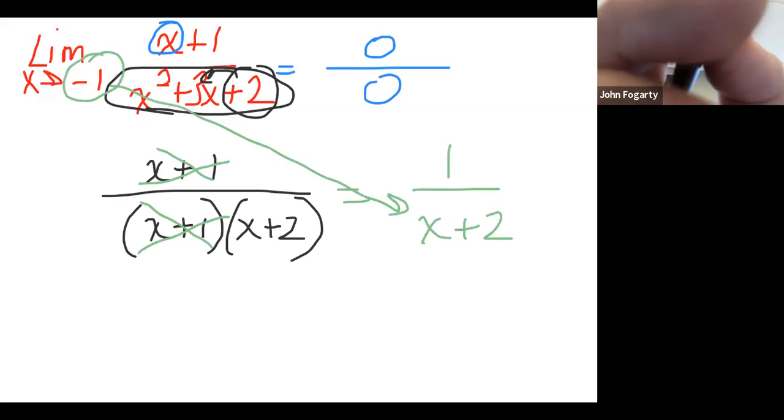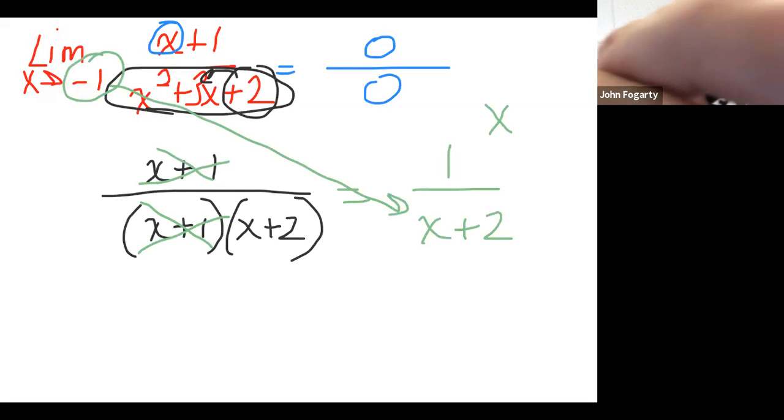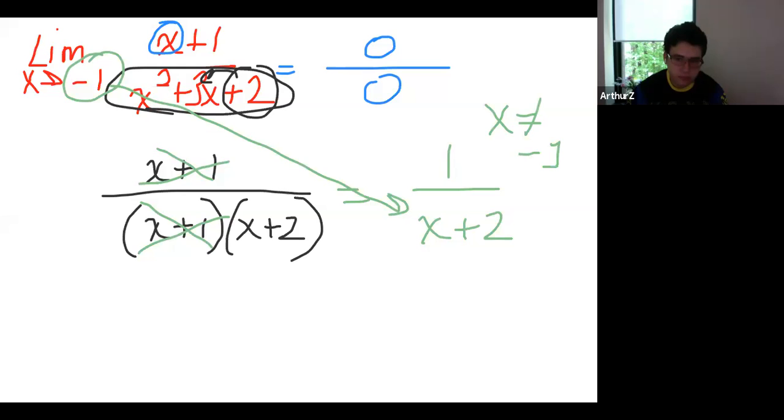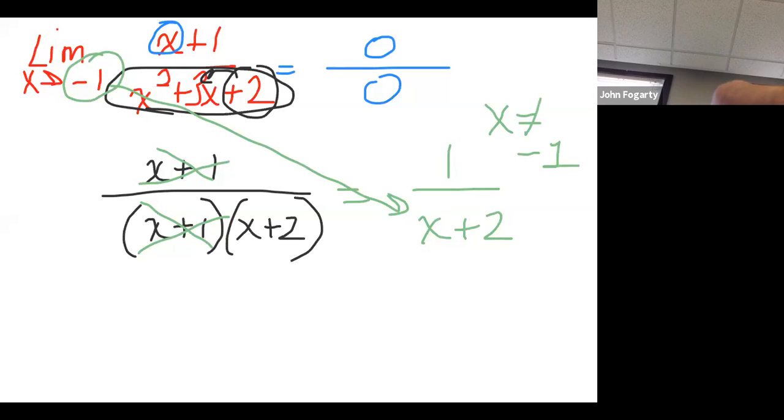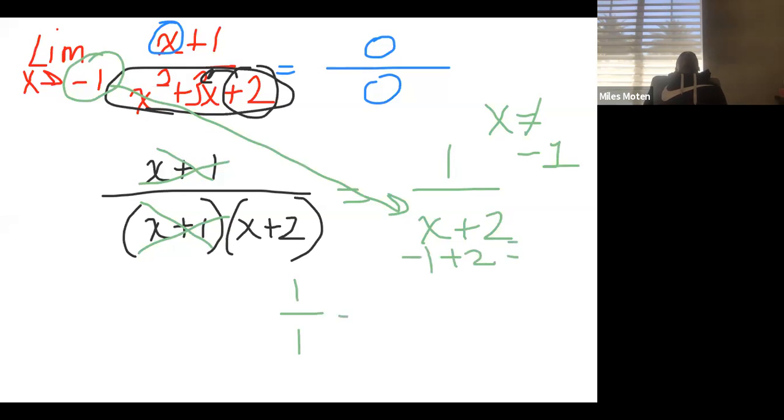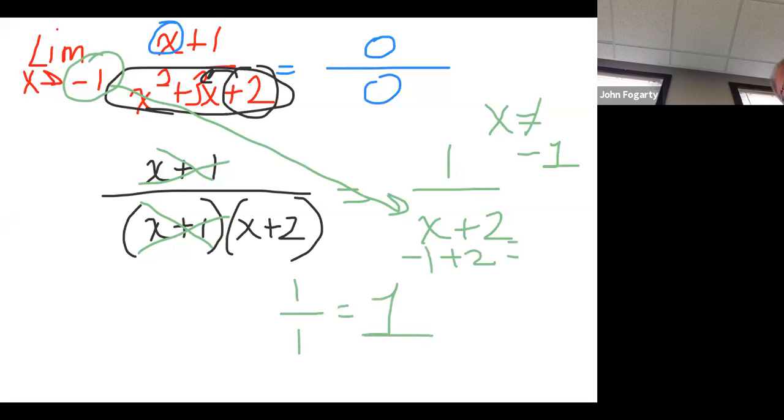Now, what do we know x can't be? Don't forget, it can't be -1. Very good. So what's -1 plus 2? 1. So we got 1 over 1. What do we got? 1. So our limit as x approaches -1 is going to be 1. Does that make sense? Not that big a deal, right?